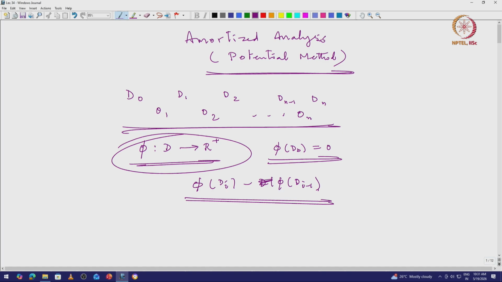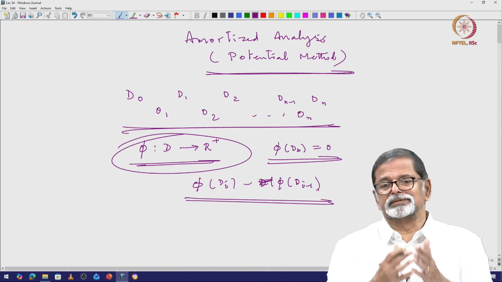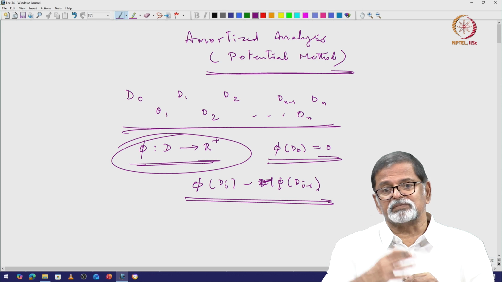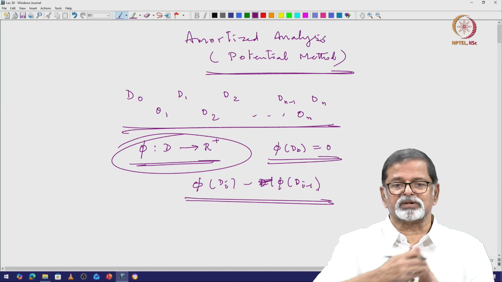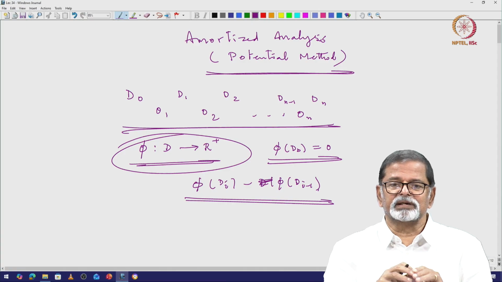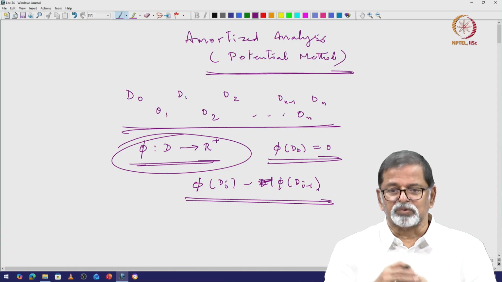This can be viewed in the following way intuitively. If this is positive, this is accumulation of potential, adding to the energy. If it is negative, it is use of that energy, that much energy is used to carry out the operation. Therefore, this potential difference is a kind of balancing factor that we are going to use.